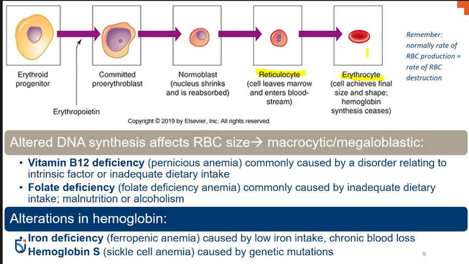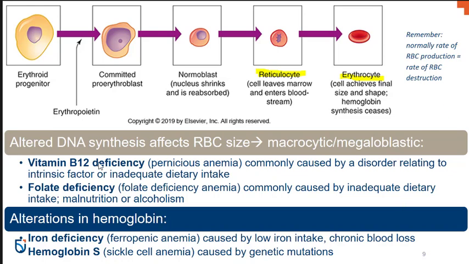And then the red bone marrow will produce more to compensate for that loss. And so we should have that balance between red blood cell production and red blood cell destruction in order to avoid certain cases of anemia.